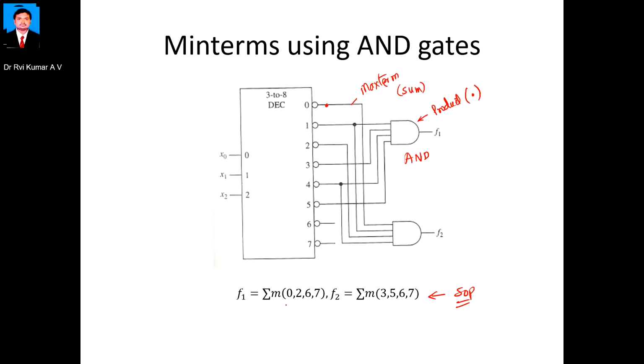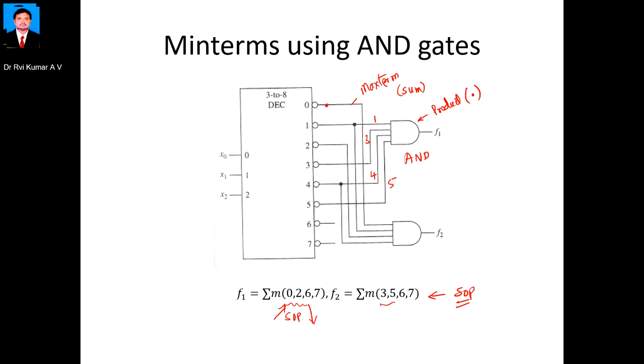So for f1, I can implement it in complemented form, that is, the remaining ones are 1, 3, 4 and 5, so I can implement these complemented terms here. This is the SOP expression. SOP 1 I can implement by using the remaining terms 1 3 4 5 with an AND gate.